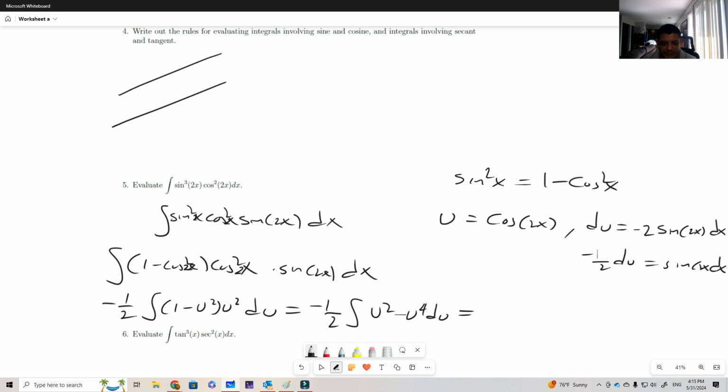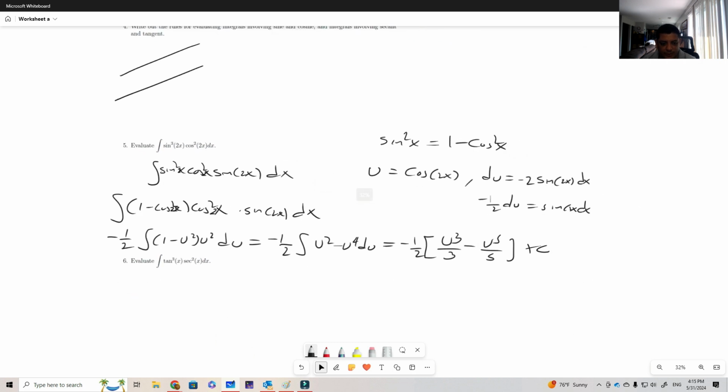And I can simply go back to saying, well, then this is going to be minus 1/2, and then the integral is u to the 3 over 3 minus u to the 5 over 5 plus c. And then, of course, replace what the substitution is. So this is minus cosine to the 3rd of 2x over 6, and then plus cosine to the 5th of 2x over 10.